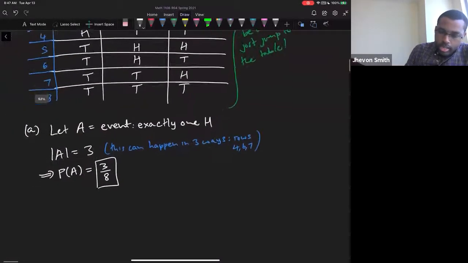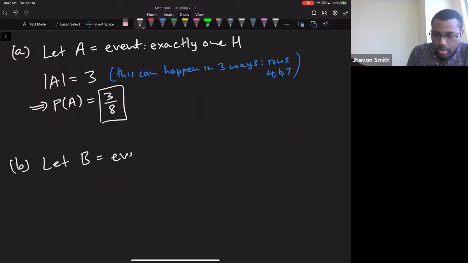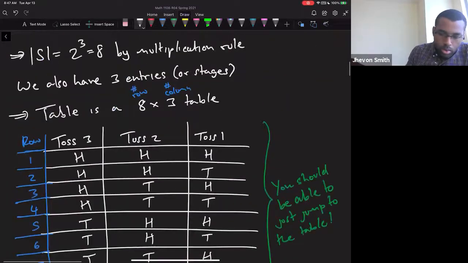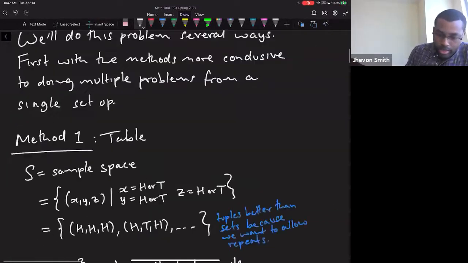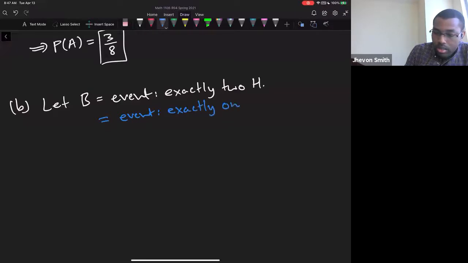Now, once you do that initial setup, everything else is pretty much as easy. So B, let B equal the event that you get exactly 2 heads. Note, this is actually equal to the event of exactly 1 tail. So you could also think of it like that.